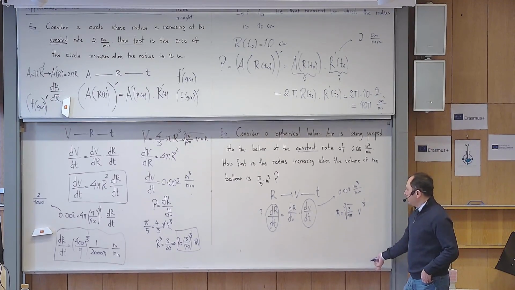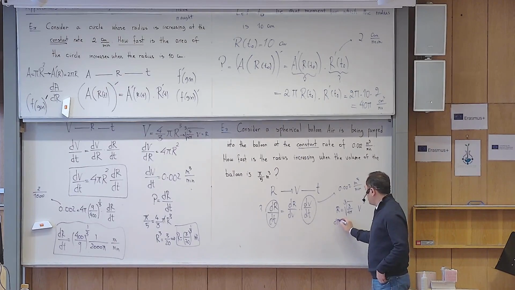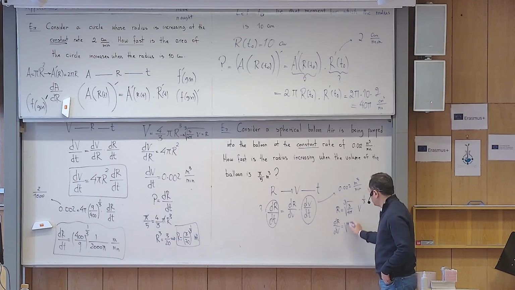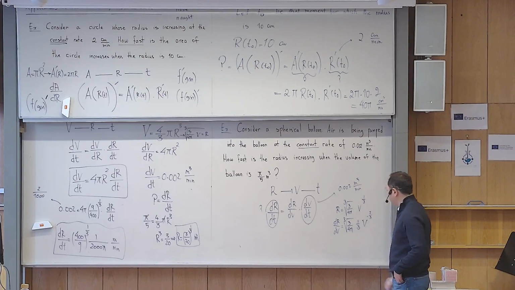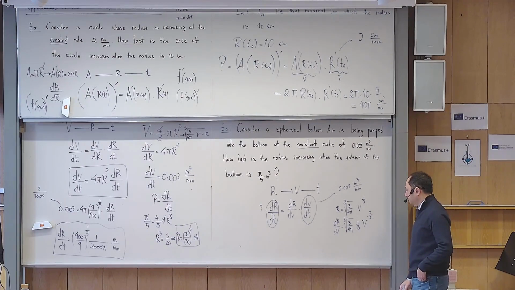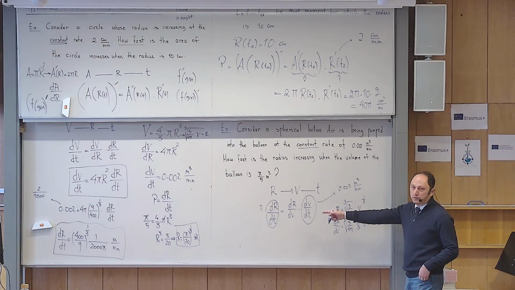Because now, if I ask you what is dR/dV, this is a constant. I don't touch it. But this 1/3 goes down, and V to the power of 1/3 minus 1 becomes minus 2/3. And then put this there.